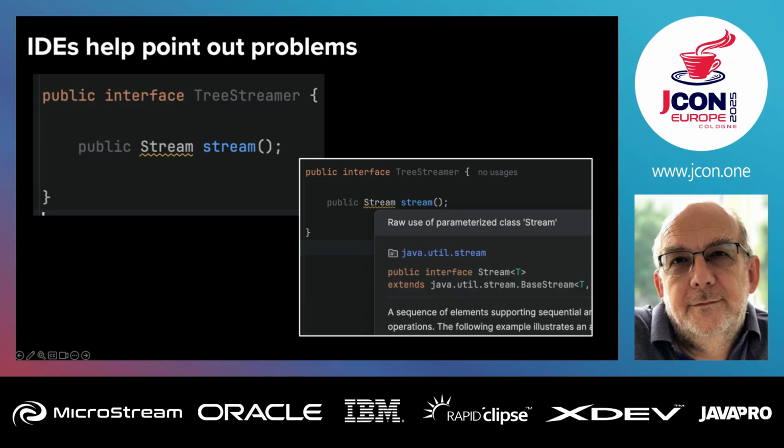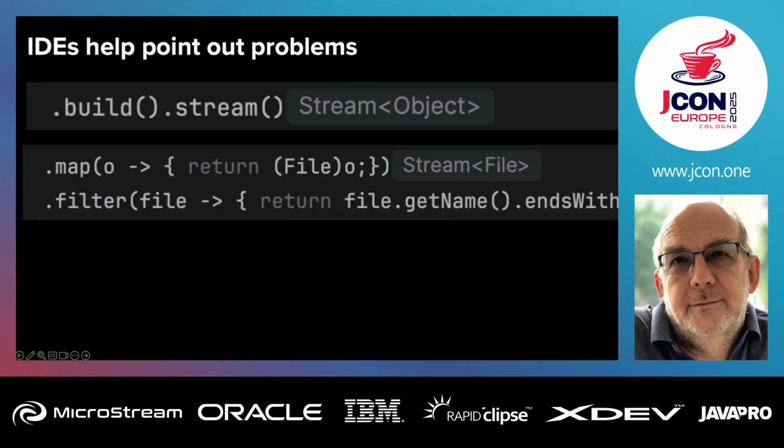So the IDE is telling me I'm making mistakes. And it's all over the place, isn't it? It tells you what things return. You get this wonderful information about what your code is actually returning, which is awesome when you're coding. Right? You get all that feedback.